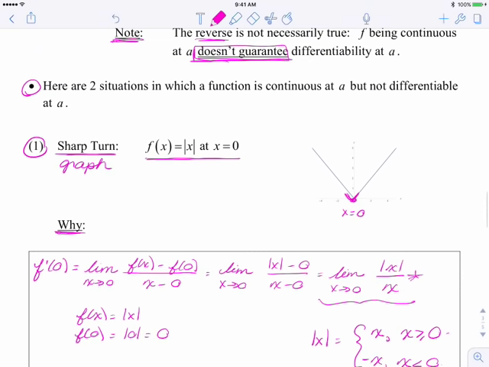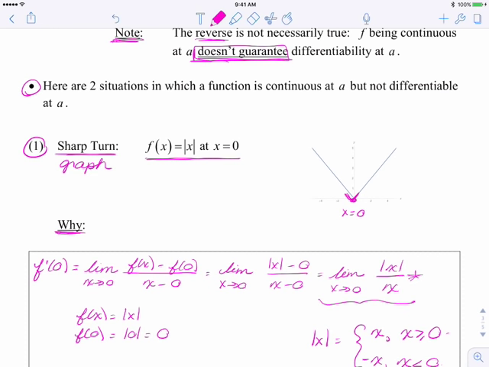So we don't have the ability to find what f prime of 0 is equal to in this situation. And any variation of the absolute value function, you're going to have this sharp turn occurring. And the sharp turn graphically always occurs at the value of x that causes the absolute value quantity to equal 0. So the x value doesn't have to be 0.